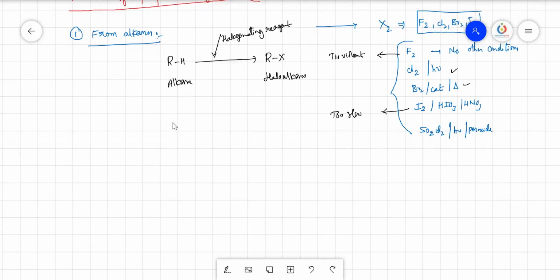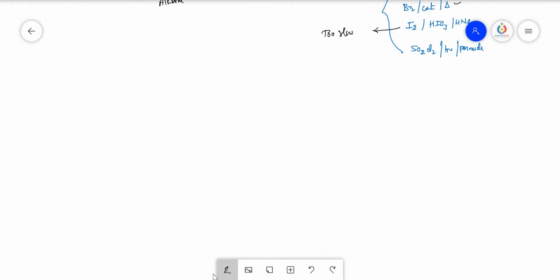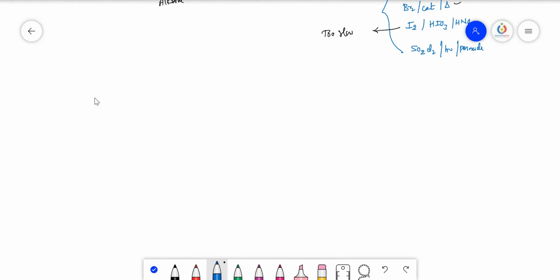So let us take the molecules here. You just take the methane molecule subjected with chlorine in the presence of sunlight, we will get methyl chloride. When you take ethane subjected with bromine, you will get ethyl bromide.